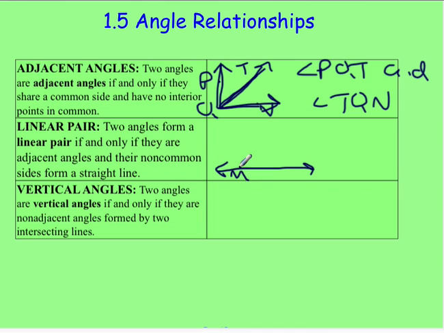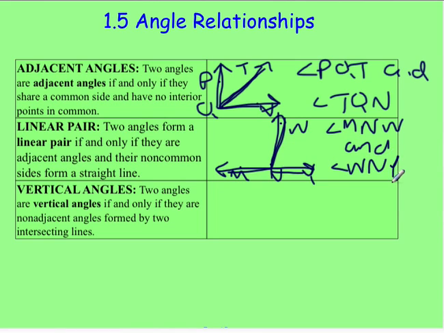So we have M, point N, and point Y. Coming out from point N is point W. We can say that angle MNW and angle WNY are linear pairs because if you were to add these two angles together, it would equal 180. So maybe put that as a reminder to yourself that the two angles need to add to 180.